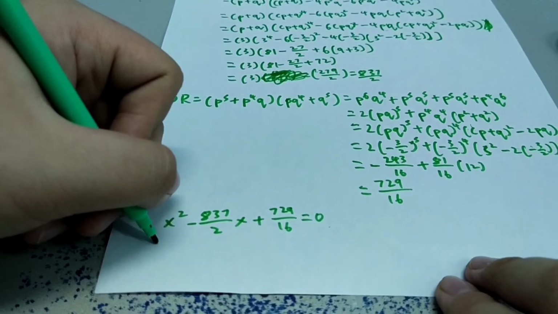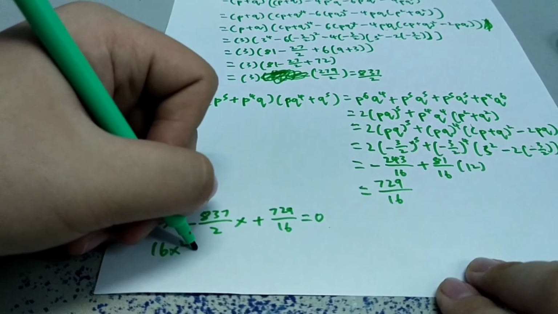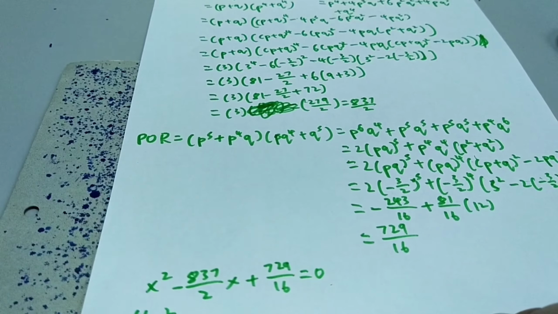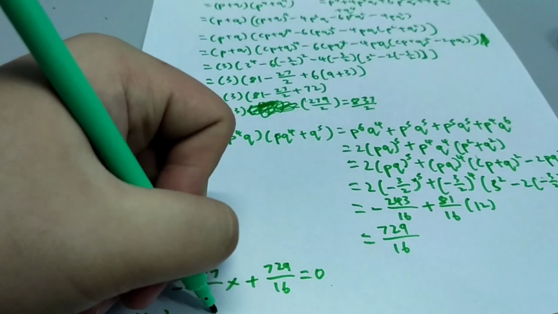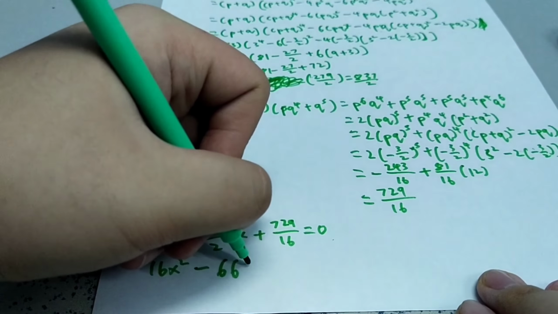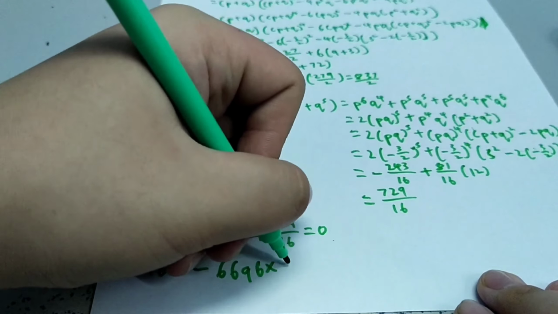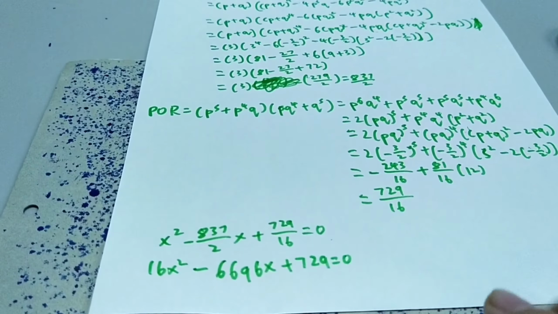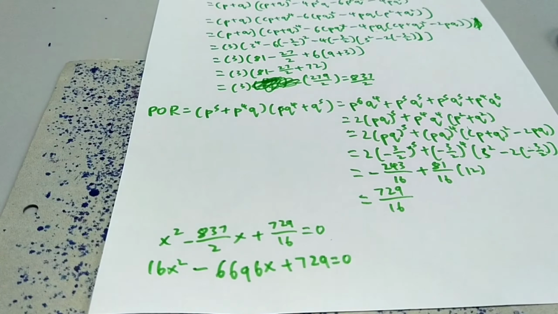Multiply 16, I will have 16x squared minus 6,696x plus 729 equal to 0. And this is our answer.